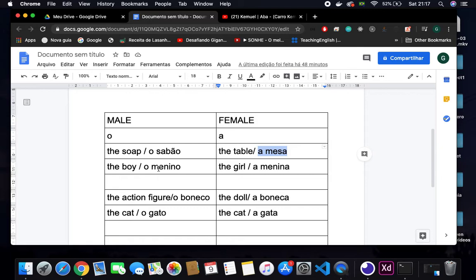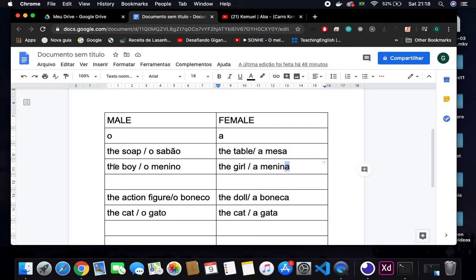Now, in English, you have some different words for female and male. For example, the boy and the girl. Okay, you don't have a word for both genders. And in Portuguese, usually, what ends with the letter O, usually it has the female form too.